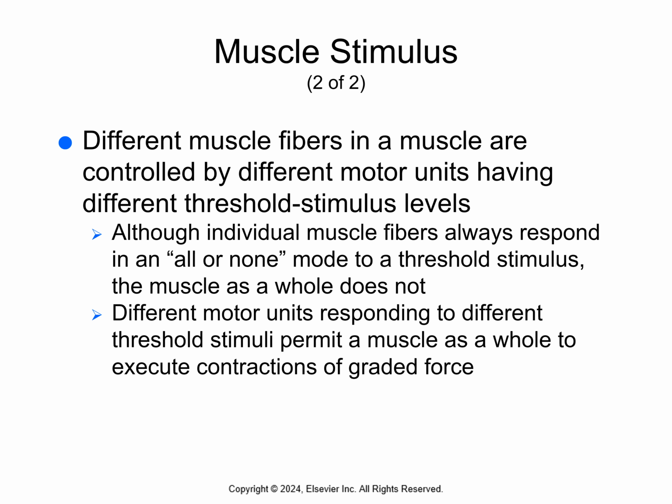So different muscle fibers, like I said, are controlled by different motor neurons having a different threshold stimulus level. So the all or none, once again: the individual muscle fibers respond to the threshold, and the muscle as a whole does not. Different motor units respond to different thresholds, so the muscle as a whole can execute contractions of a graded force.